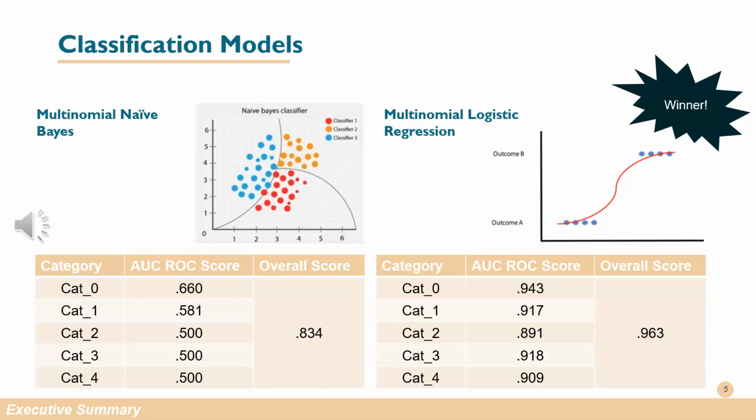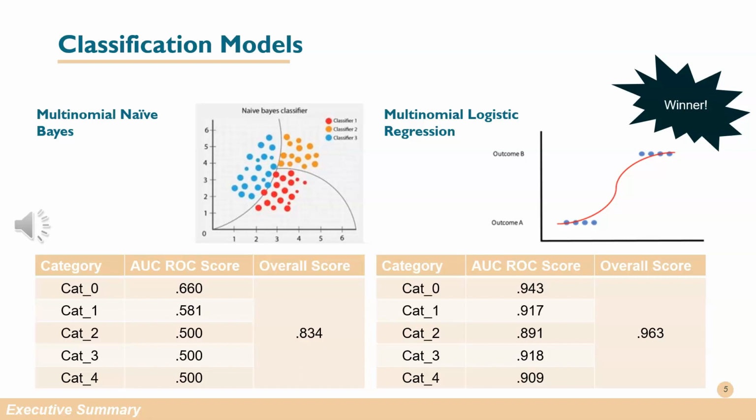The goal of classification modeling is to learn a mapping function between the input features and the target labels, which can then be used to predict the class of new unseen data points. Classification models can be trained using a variety of algorithms such as decision trees, logistic regression, support vector machines, and neural networks. For this project, we tried only two classification models, multinomial naive Bayes and multinomial logistic regression.